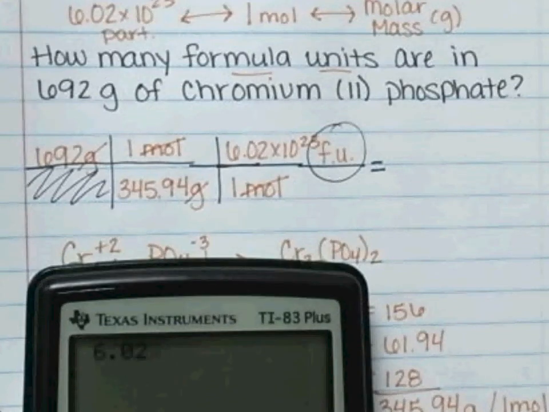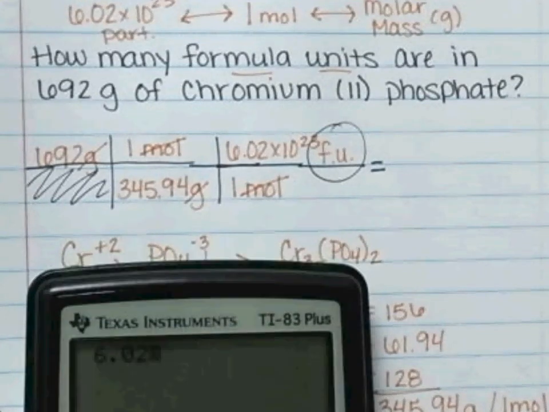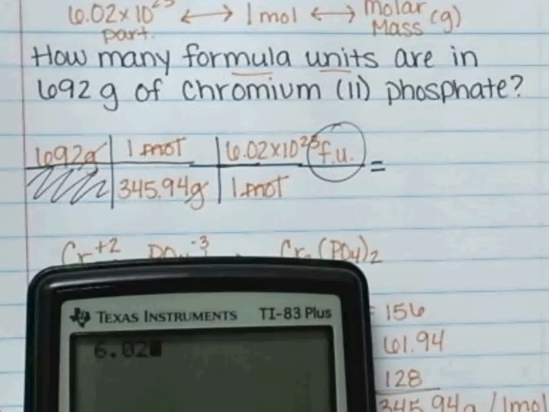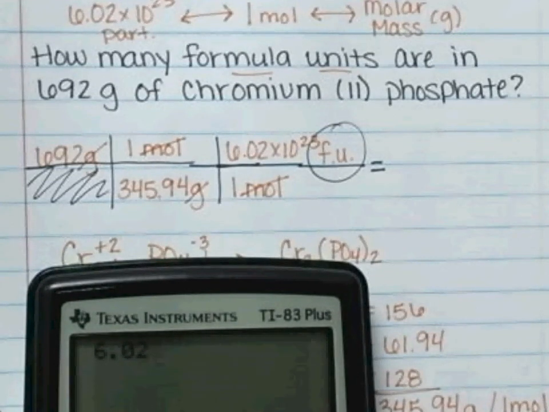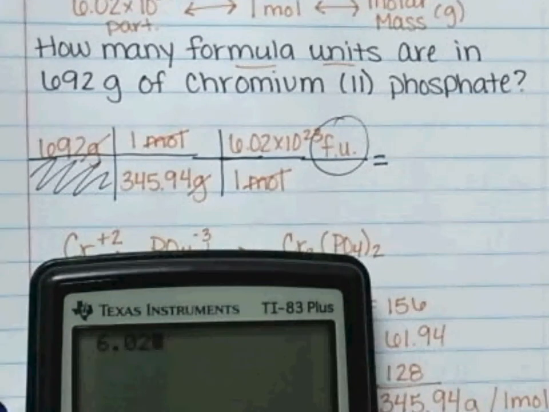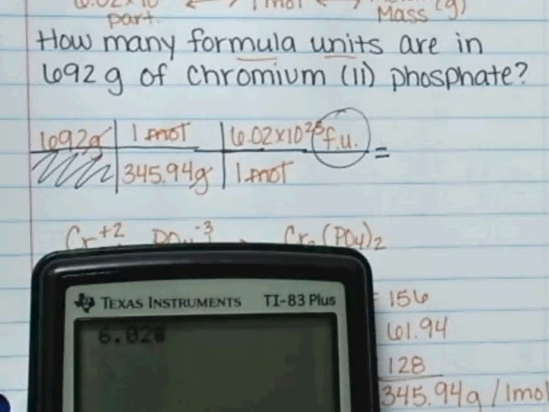Notice I don't have to add a caret or anything to make it an exponent. It's going to do that automatically for me. If you enter it this way, you don't need parentheses. But if you don't have that option, you can enter it times 10 to the 23rd the way it looks, but you have to have parentheses around it or you will not get the right answer.